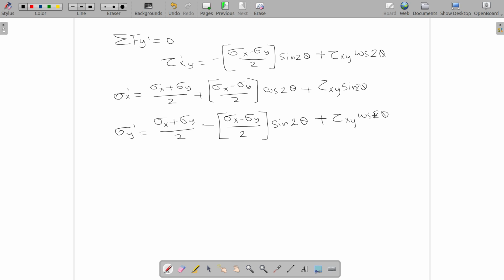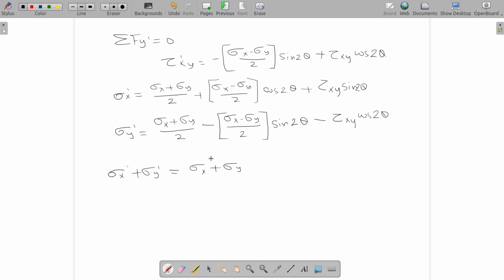So an interesting fact here is if you simply add up sigma x dash and sigma y dash, what happens? These two cancel out. This also, okay, this is actually negative, so these two also cancel out. So you will get sigma x plus sigma y.